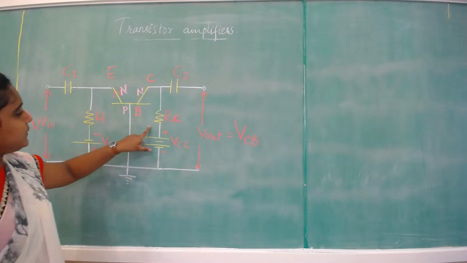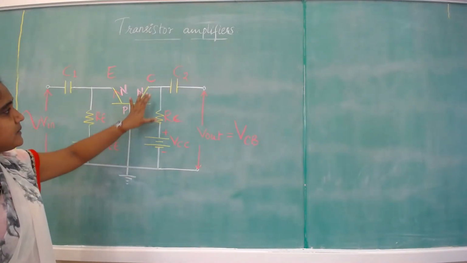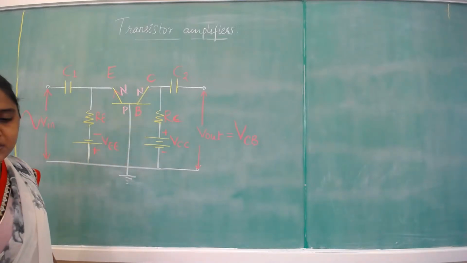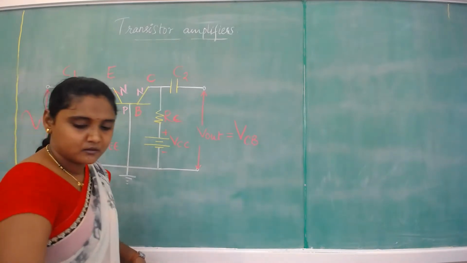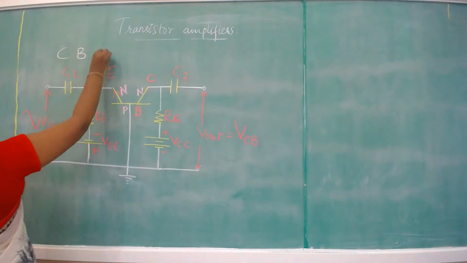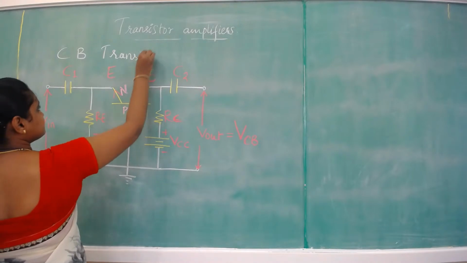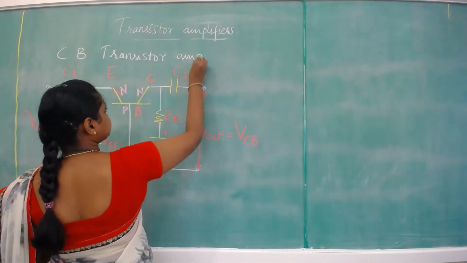Whereas the N connected to the positive terminal of this battery will be reverse biased. So this is the CB transistor amplifier.